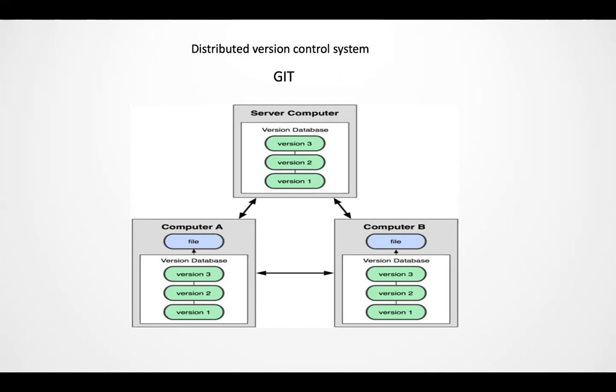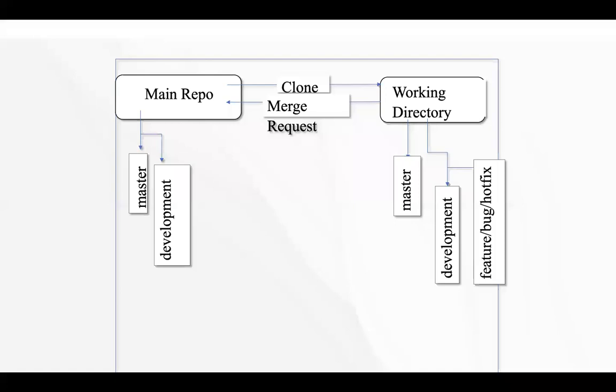So this is the benefit of distributed version control system. We don't need to lose our data. And Git is a type of that version control system. So this is what Git is.